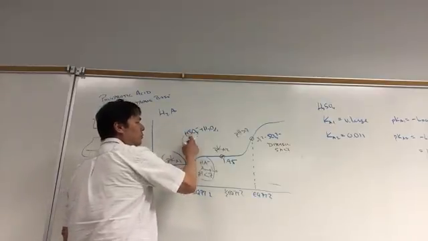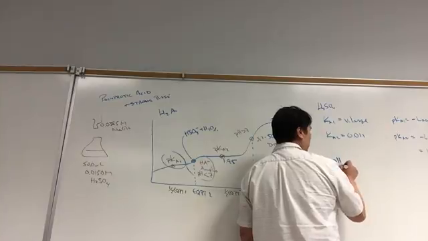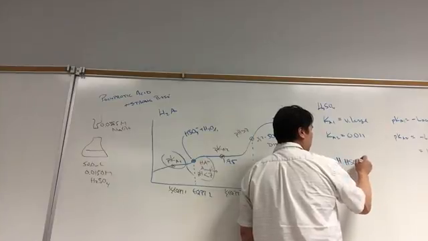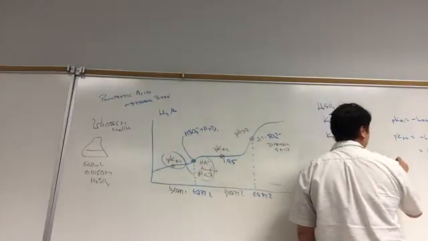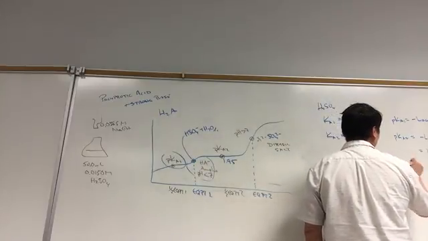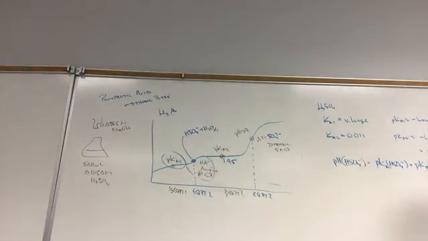And so the pH of the amphoteric, like HSO4 minus, is going to equal the pKa of HSO4 minus plus the pKa of its conjugate acid, which is H2SO4, divided by 2, right? That's what we should get, but what is the pKa of H2SO4?